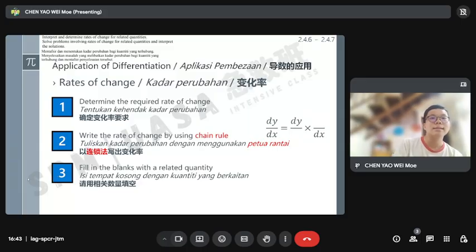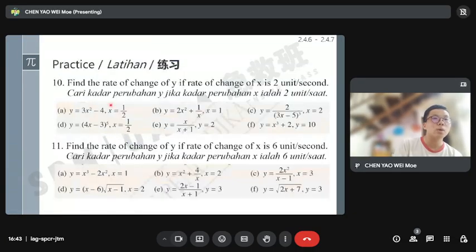Okay, let's look at one example. It's given that y equals 3x squared minus 4, x equals 1 over 2. Find the rate of change of y, meaning delta y over delta t, because of time, if the rate of change of x is 2 units per second, meaning delta x over delta t.